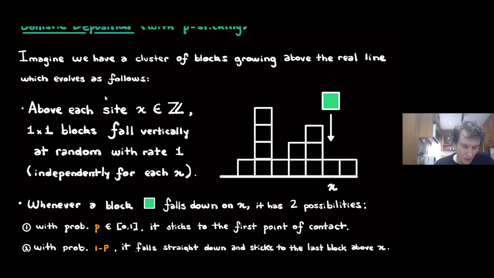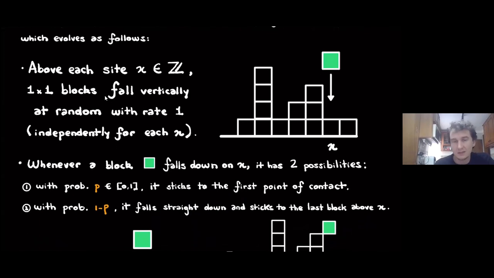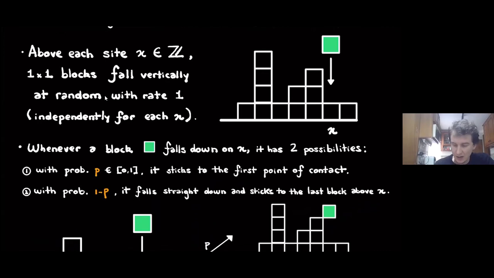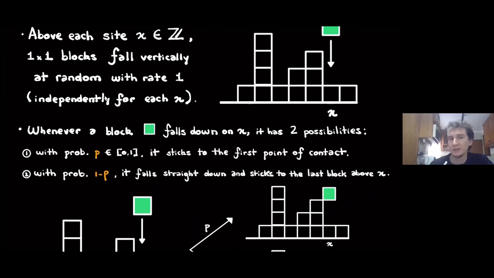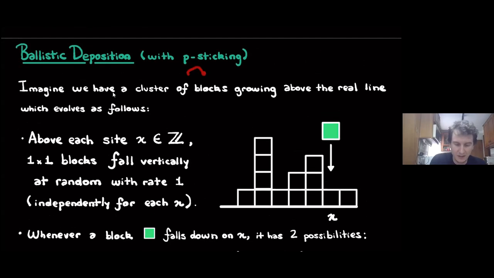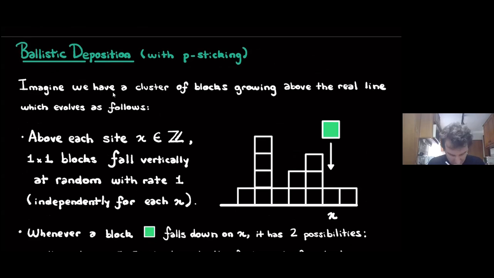And then whenever a block falls above some given site x, this block has two possibilities. So what I want you to imagine is that each block carries its own coin, which is going to be heads with probability p and tails with probability 1 minus p, where p is some fixed parameter, which explains the term p-sticking here, okay?